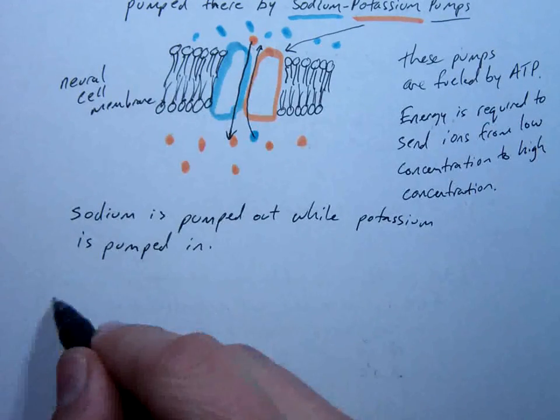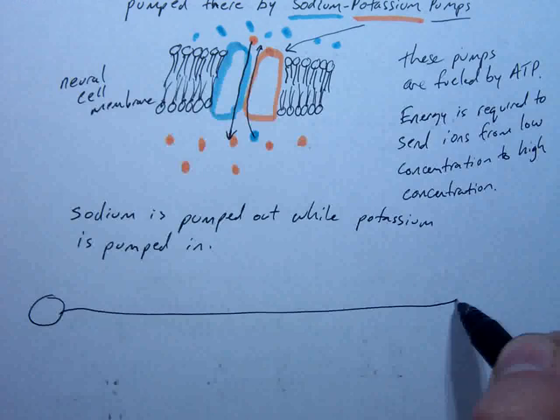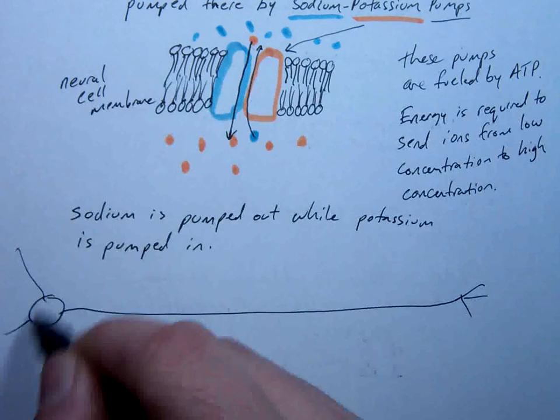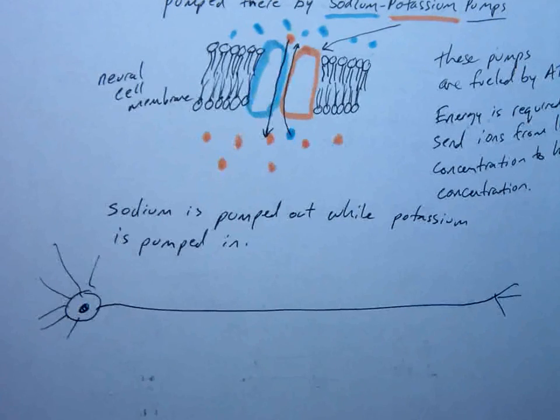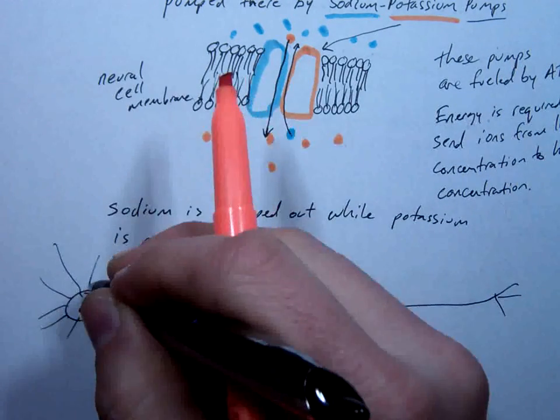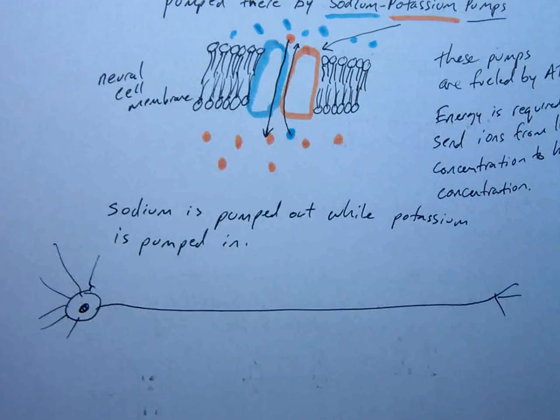Here's our multipolar neuron again. He's doing his thing. Here's where they are. I'm going to connect them here.